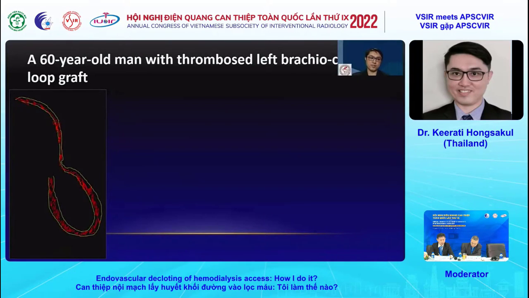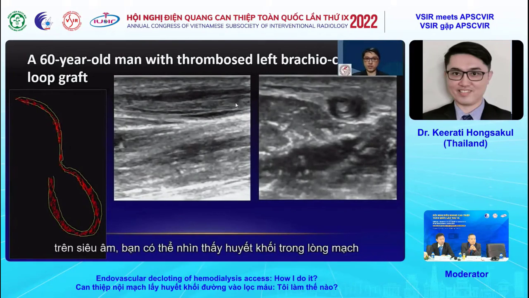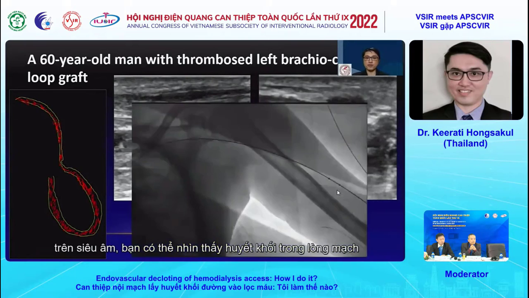Another case is a thrombus of the left brachiocephalic graft. From the picture, the clot involves the graft, and you can also see the clot extending into the cephalic vein and cephalic arch. From the ultrasound, you can see the clot inside the lumen of the vessel.